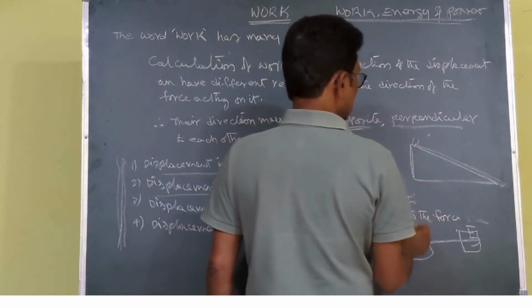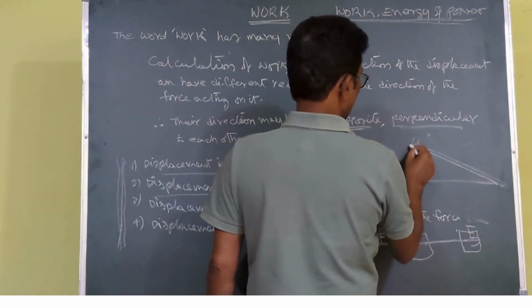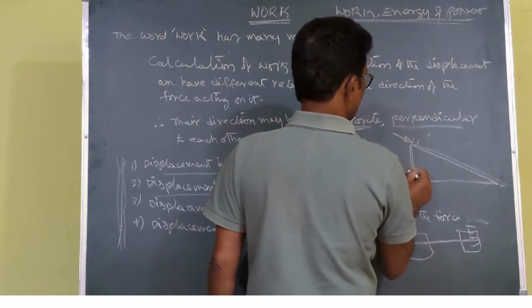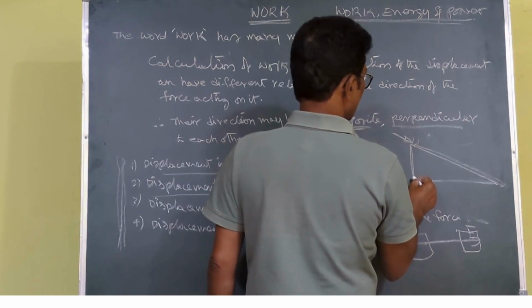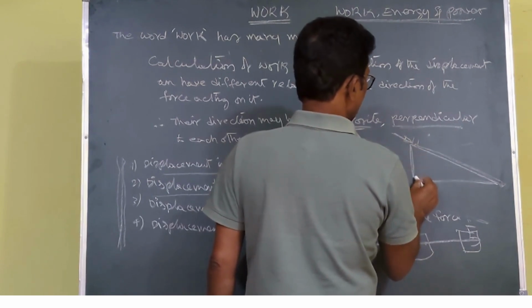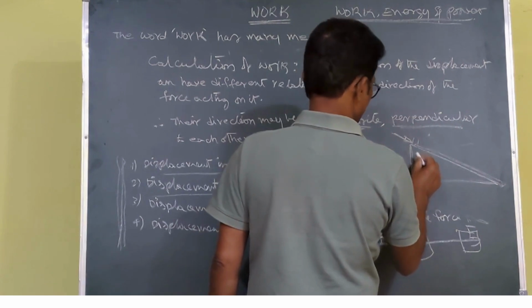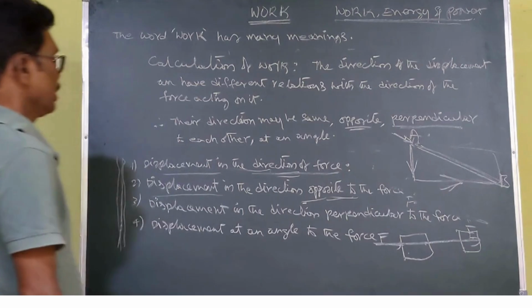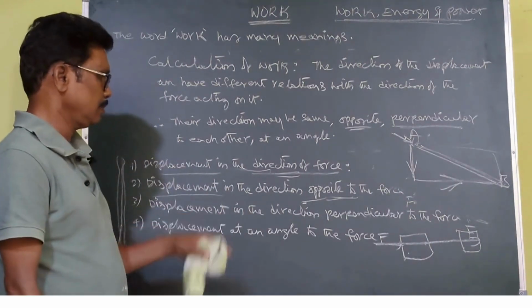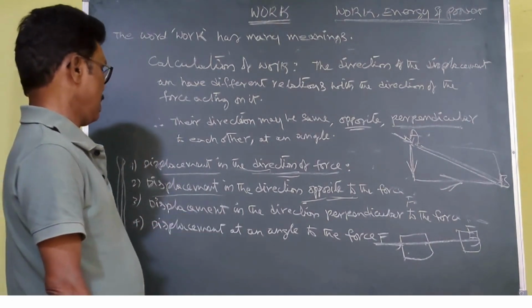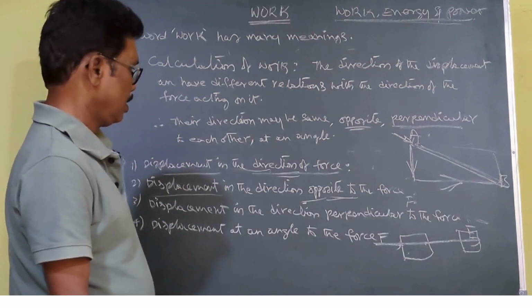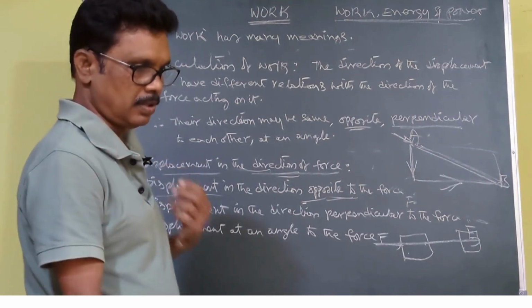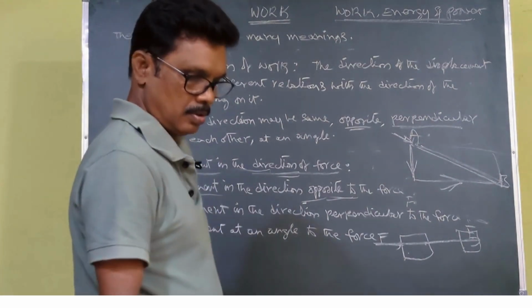In this case the force may be applied in this direction, but the displacement is in both the vertical and the horizontal direction. That is the case of displacement at an angle to the force. We can develop the equations and do simple problems.